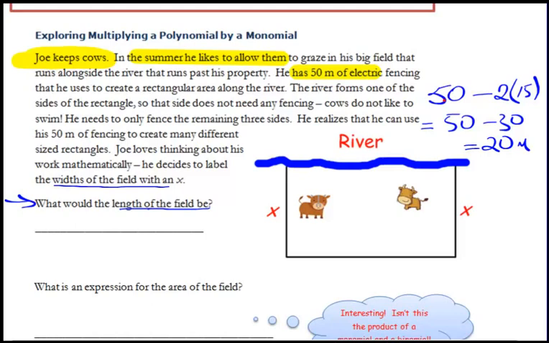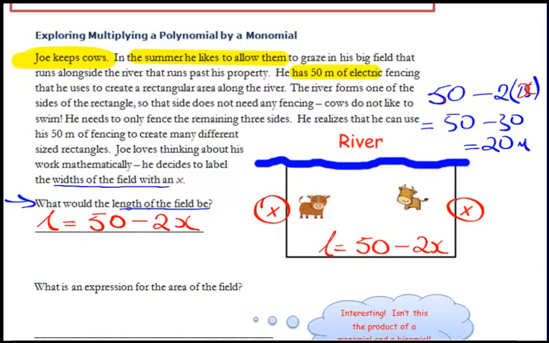So if we replace that with an X, could we say that the length of the field is going to be the 50 meters that he has total, and subtract the two values of X? So 50 minus 2X. The length of the field we can write there would be the 50 meters, take away the two lengths X.